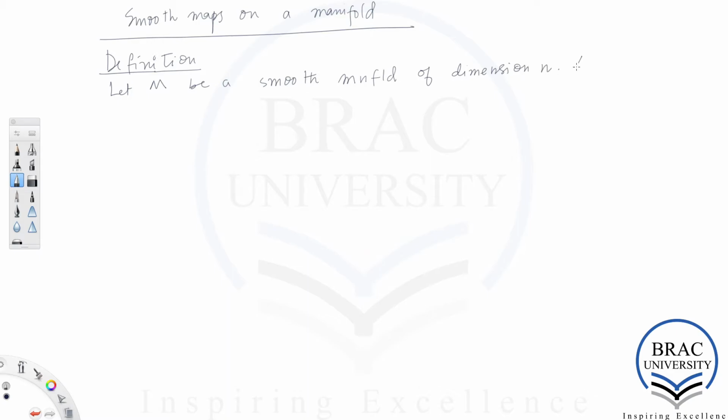A function f from M to the real line R is said to be C infinity, or smooth, at a point P in M.